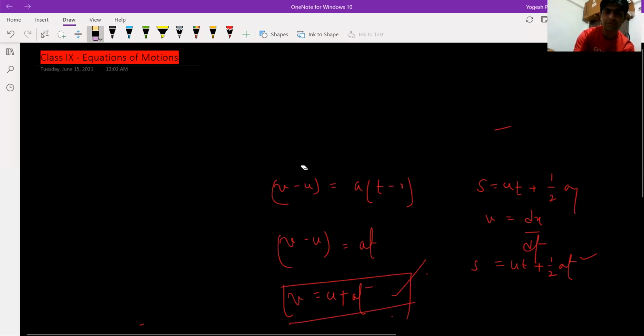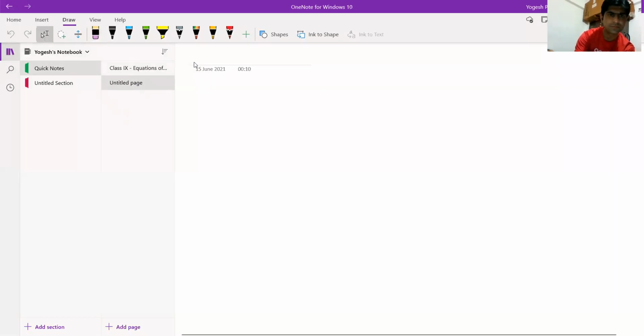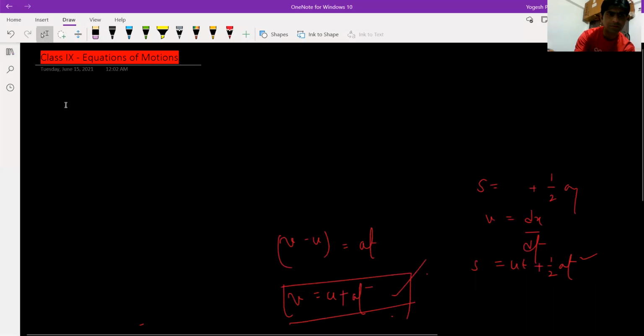Okay, so what we need to do, we need to plot a graph. We have to draw a VT graph.